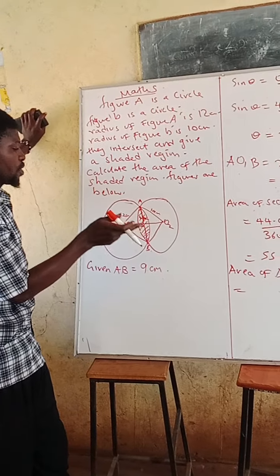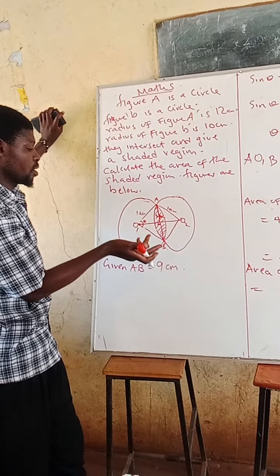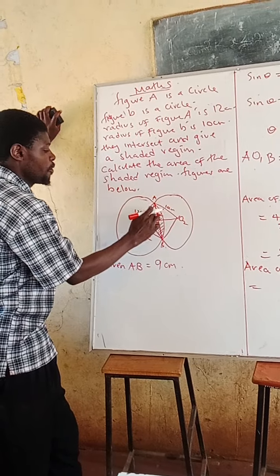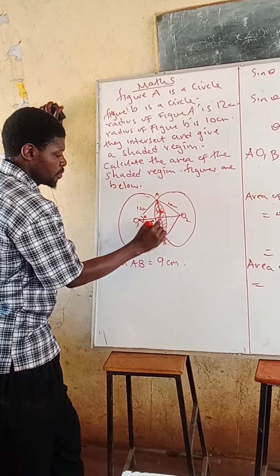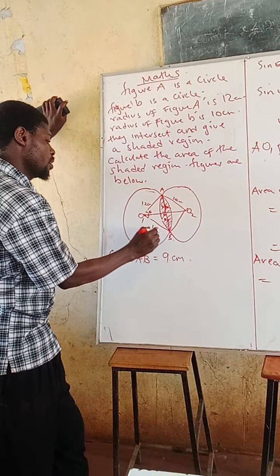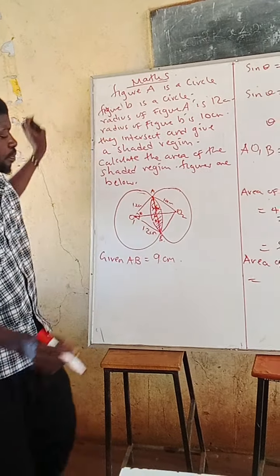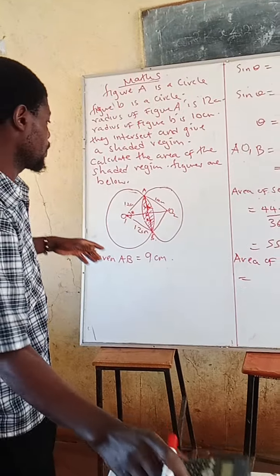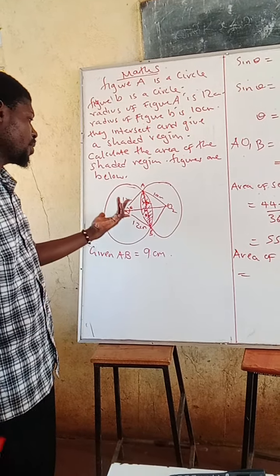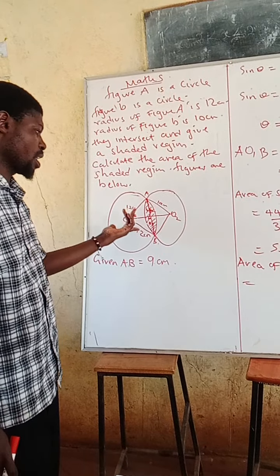So, area of this triangle can have 3 concepts. This 12, this 12. This 4.5, this 4.5. Now, in the simplest concept, it's better we get half of the base times the height. How do you get the height in this triangle?